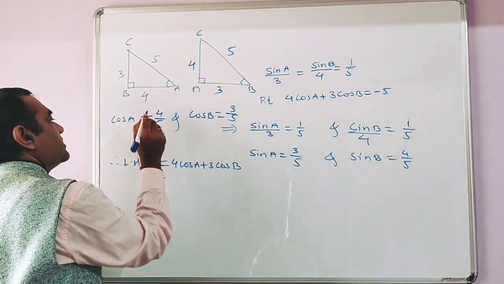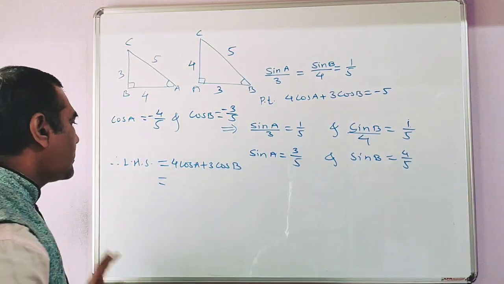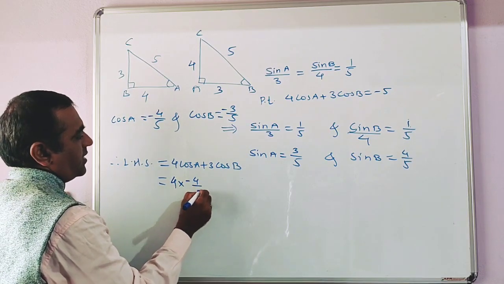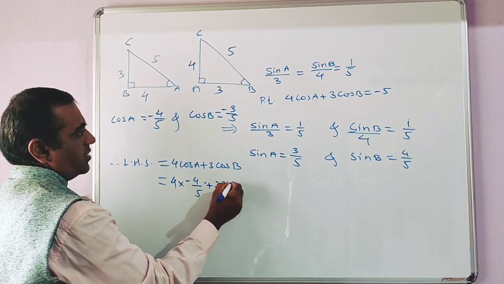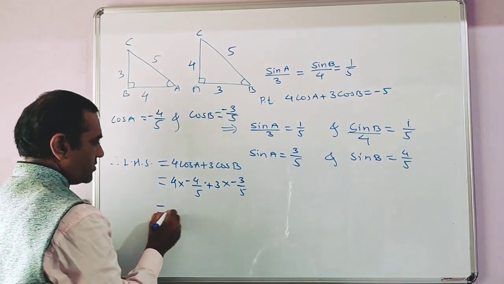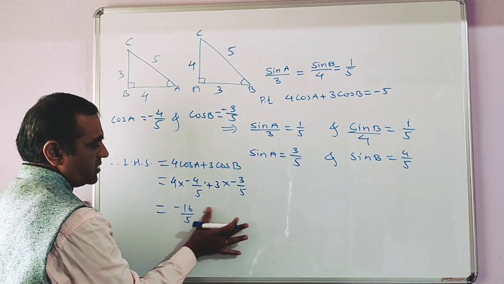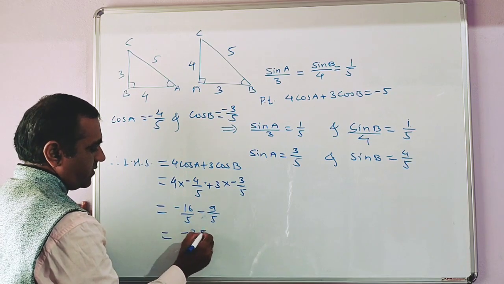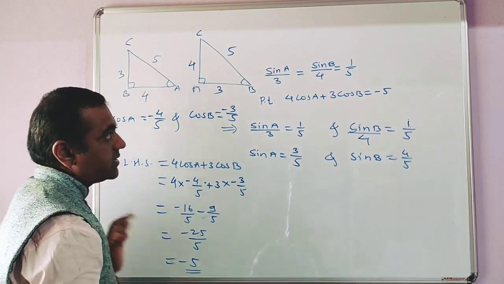Therefore cos A is equal to minus 4 by 5 and cos B is equal to minus 3 by 5. So 4 into minus 4 by 5 plus 3 into minus 3 by 5 is minus 16 by 5 plus minus 9 by 5, which is minus 25 by 5, equal to minus 5. Is that clear? Correct.